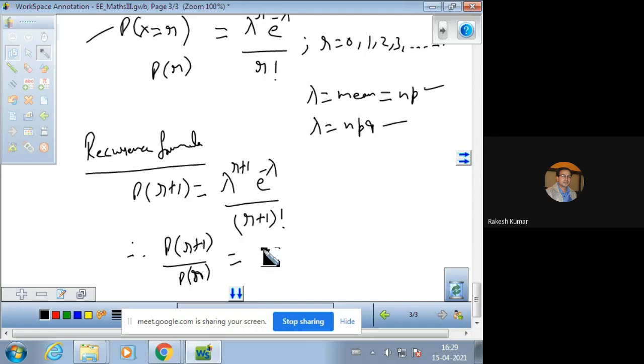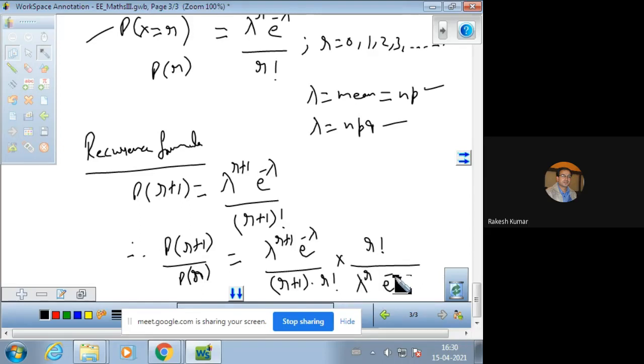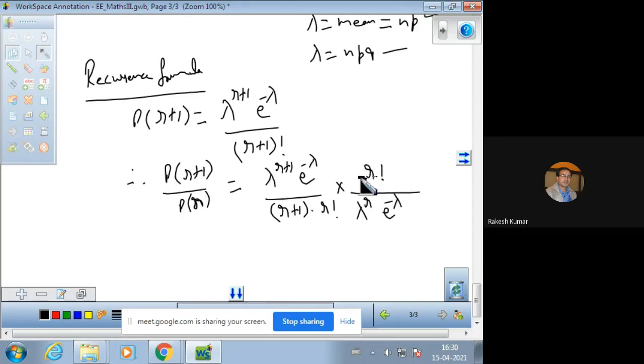So after division you will have lambda raised to power r plus 1, e raised to power minus lambda, upon r plus 1 factorial. So r plus 1 factorial can be written as r plus 1 into r factorial, divided by P of r, that is r factorial lambda raised to power r, e raised to power minus lambda. Some of the terms are cancelled: lambda raised to power r is cancelled.